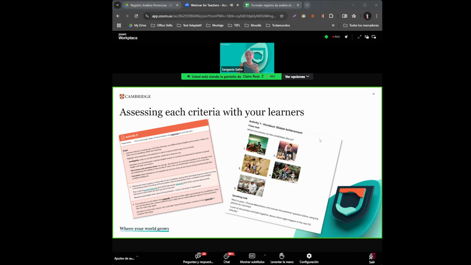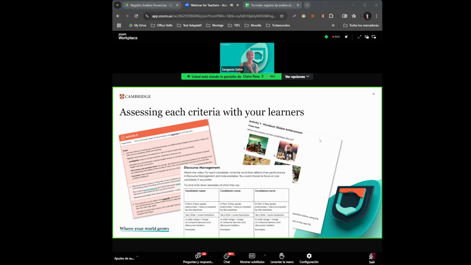There are also handouts and worksheets that you can use with your learners, as well as tables like the one that Claire described earlier, to help you use the speaking test videos and help assess the candidates for the different criteria.